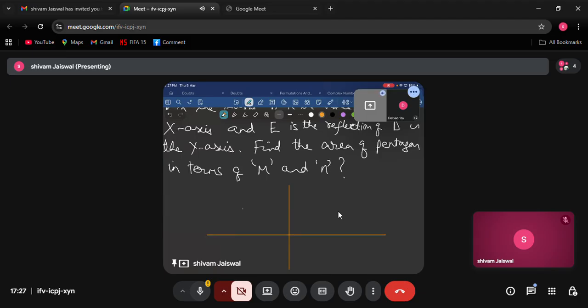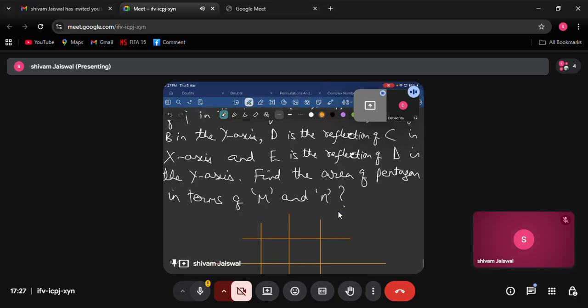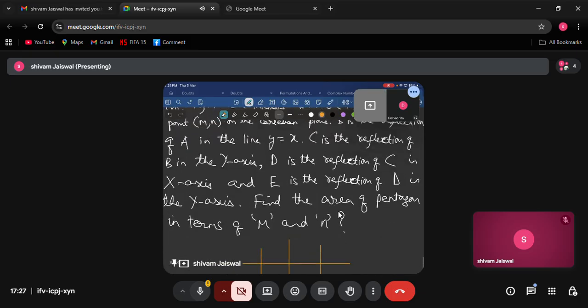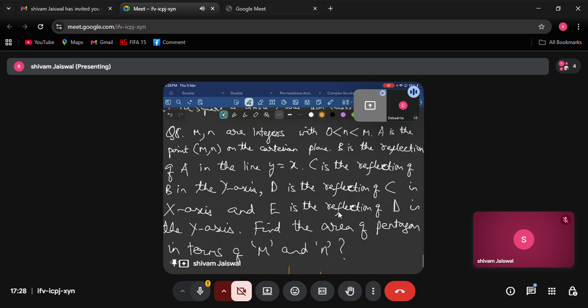So it will be this line, then this line, then this line, and then this line. It is a square. Right, tell me everyone. And what is the area of this square? 4 units. That is why the answer is option A. Okay, solve number 8.